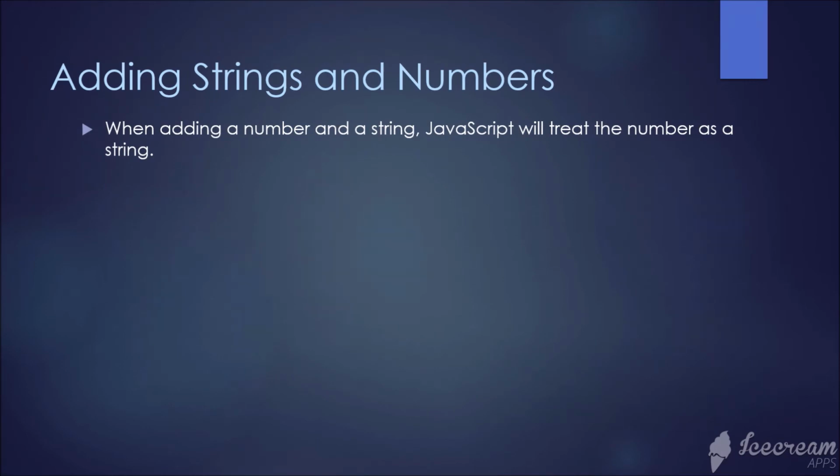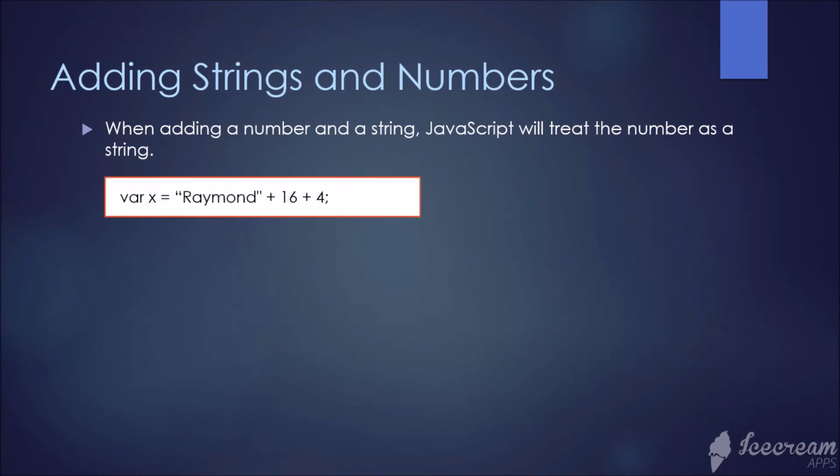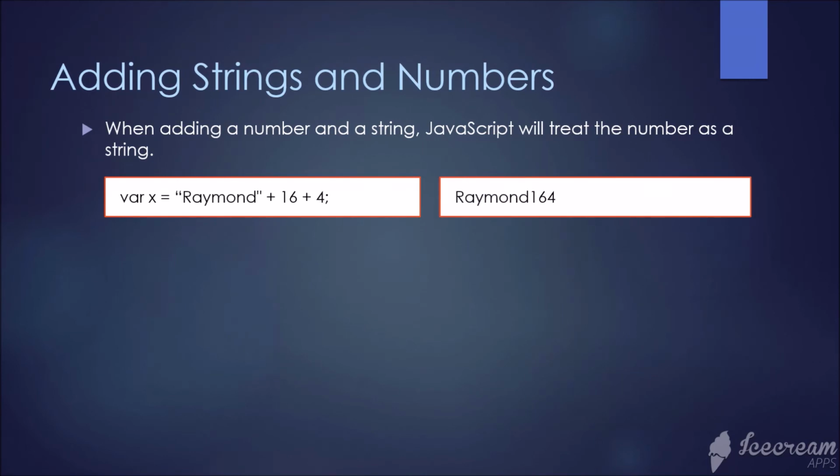So what if we are trying to add strings and numbers? So when adding a number and string, JavaScript will treat the number as a string. So we have here yung sample declaration natin, sample code. So what do you think, guys, will be the possible output? So the possible output, or the output basically, will be Raymond 164. So let me explain bakit. Ano ba yung nangyayari dito? The first thing na nangyayari is it will read this code.